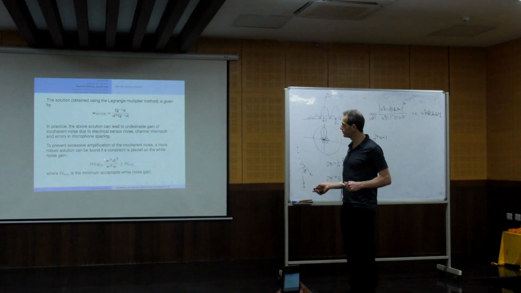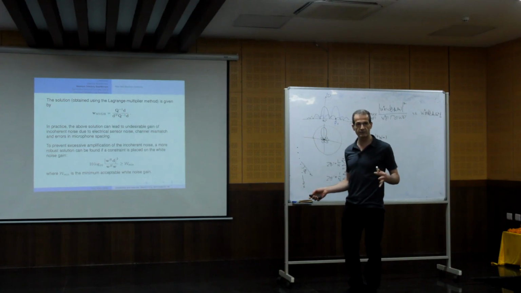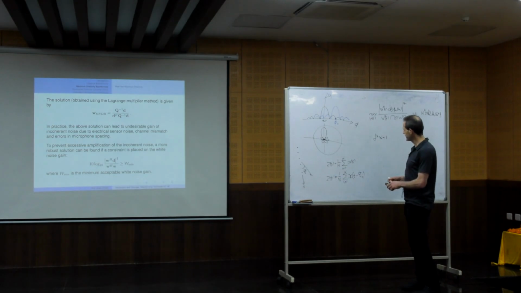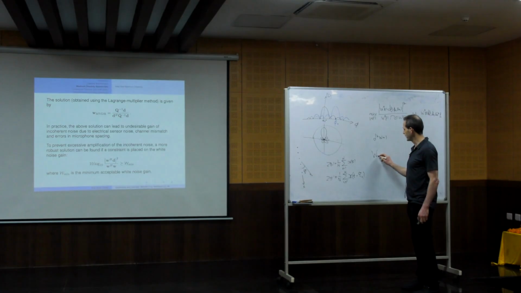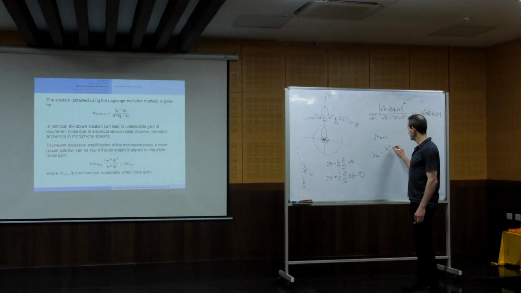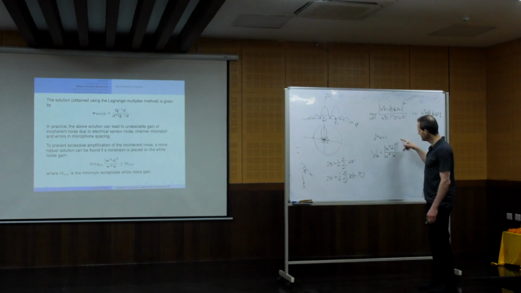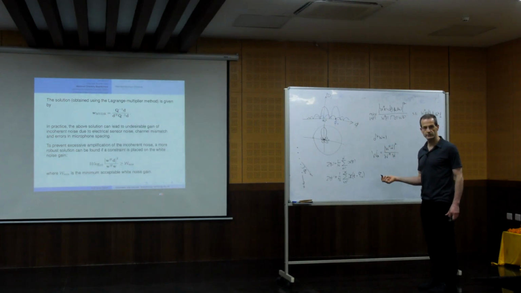The gain for white noise: if we put the identity matrix here instead of Q or gamma, the white noise gain of the array will be |W^H D| squared divided by W^H W. So this is the array gain for spatially white noise, for thermal noise.